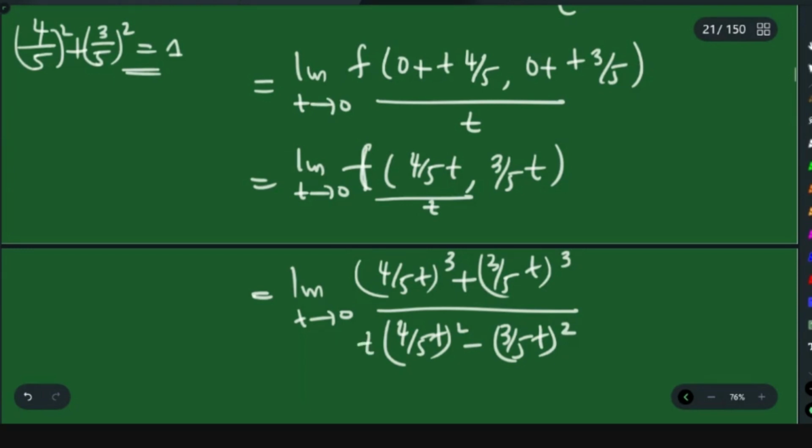In the numerator you can take t cube common, and in the denominator t square is common, then one t is there, so t cube will cancel.